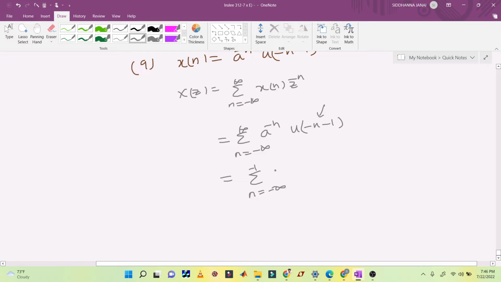Okay, now a to the power minus n, this z to the power minus n, so we can write this one as summation n equals minus infinity to minus 1 of a inverse z inverse to the power n.